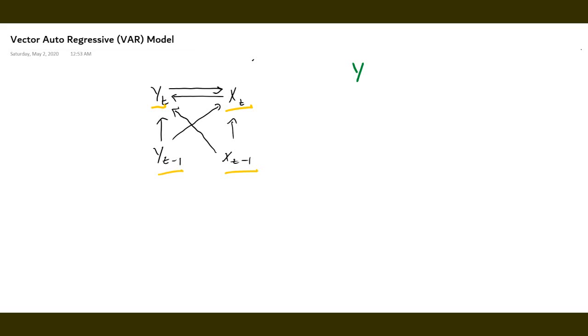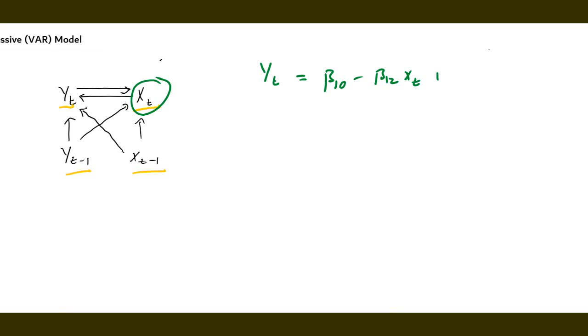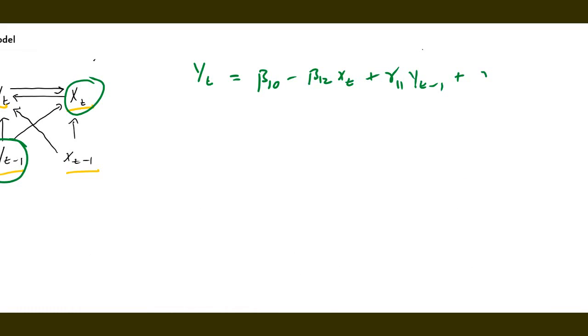We write the original yt, which is equal to beta 10 minus beta 12 our first variable, the xt, and then plus gamma 11 second variable, that is yt minus 1, and then plus gamma 12 xt minus 1 plus uyt.